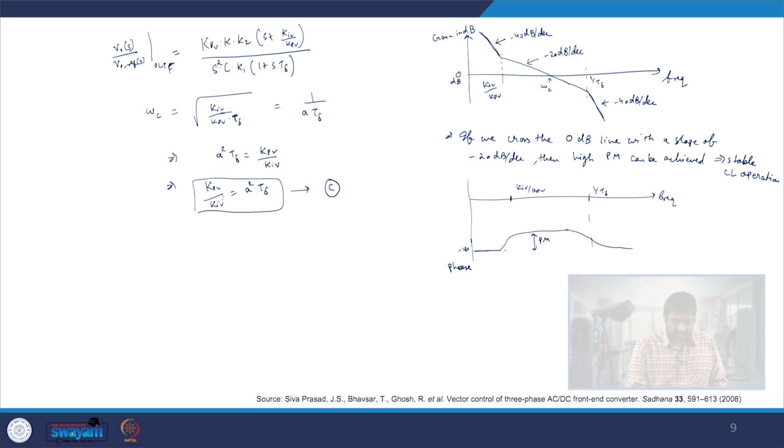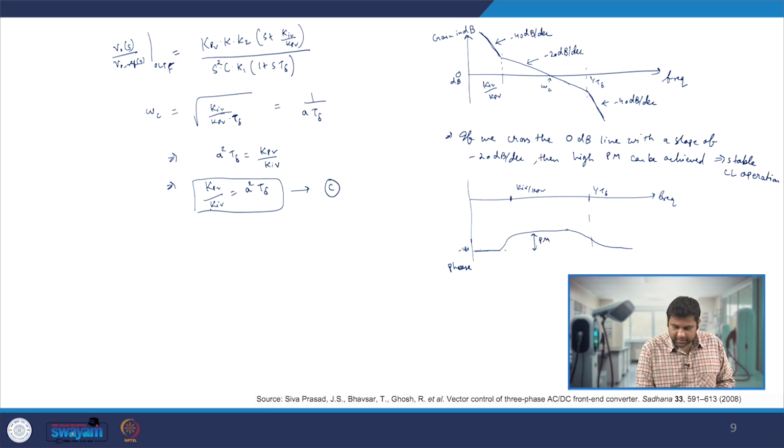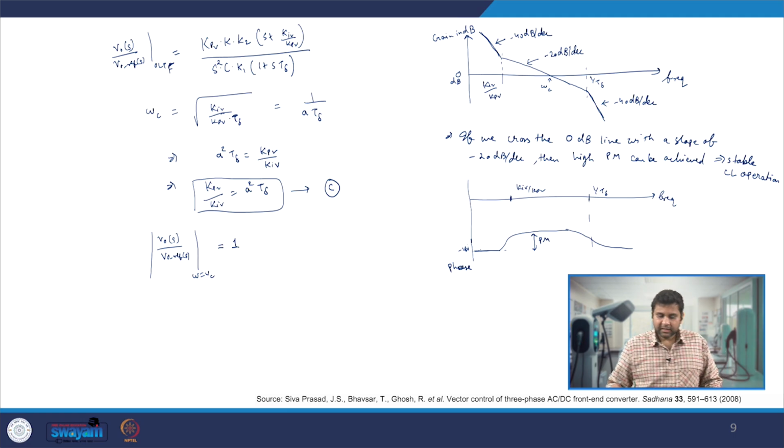So from C we can get this relationship. Now we know that at omega equal to omega C, my open loop transfer function V naught of S by V naught reference of S at omega equal to omega C is equal to 1, the gain of this particular transfer function is equal to 1.